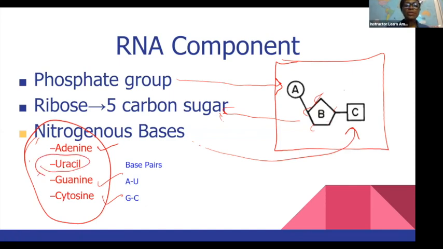And so uracil will now bond with adenine, since there's no thymine, and G and C still have the same relationship. So that's not the only difference in the bases, is that thymine is not there, but they function in the same way, as in there's a base pair that takes place. And instead of having deoxyribose, we have ribose as the sugar.